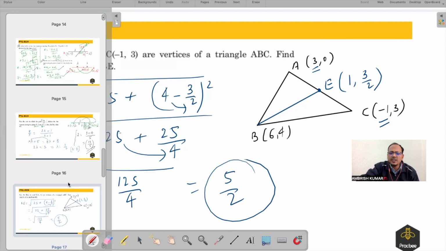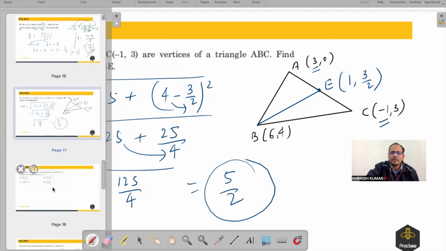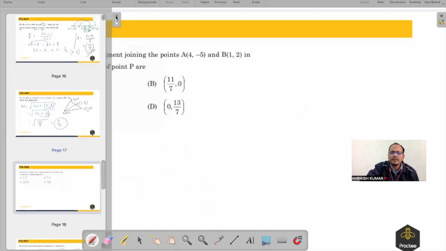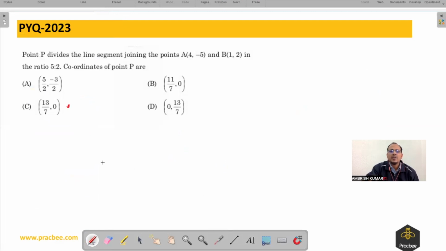Now, moving to the next question. A point P divides the line segment joining the points A and B in the ratio 5:2. So the coordinates of the point P are. Again, A and B. This is point A, the coordinate given as 4, -5.